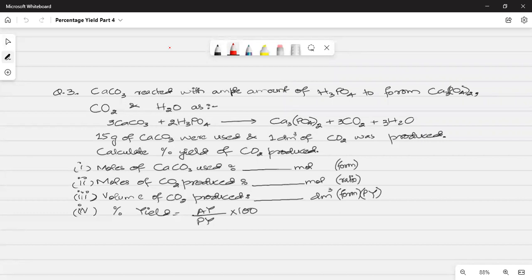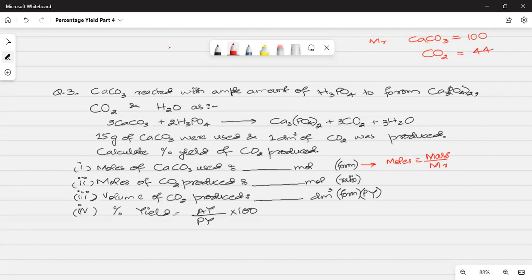Since we're at it, I'm going to help you even with the formulae, so it's easier for you to perform your steps. This one is going to be moles is equal to mass over Mr. Now you can separately calculate the Mr, and let me tell you that Mr of CaCO3 is 100, and that of CO2 is 44.